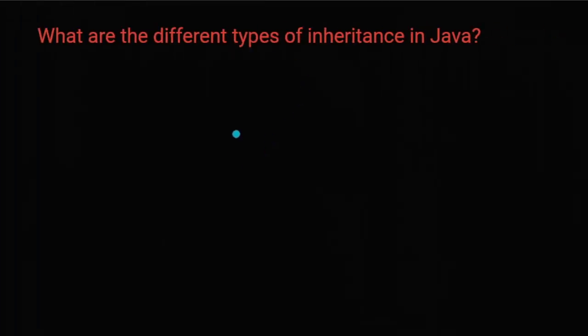Now that's the second last question that you see. What are the types of inheritance that are there in Java? So actually they are somewhere asking or testing whether you know which is not there.